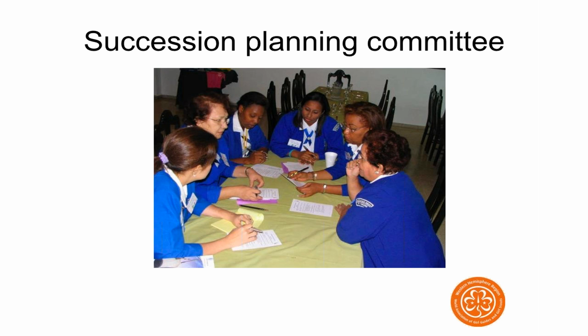It's really, really important for your member organization to have a group or a committee in place, really on a permanent basis, that's responsible for succession planning. Because succession planning can mean lots of different things and can include lots of different aspects. In addition to what we've already talked about, it can also include ensuring that there's good governance, that rules and constitutions are followed and changed as needed.